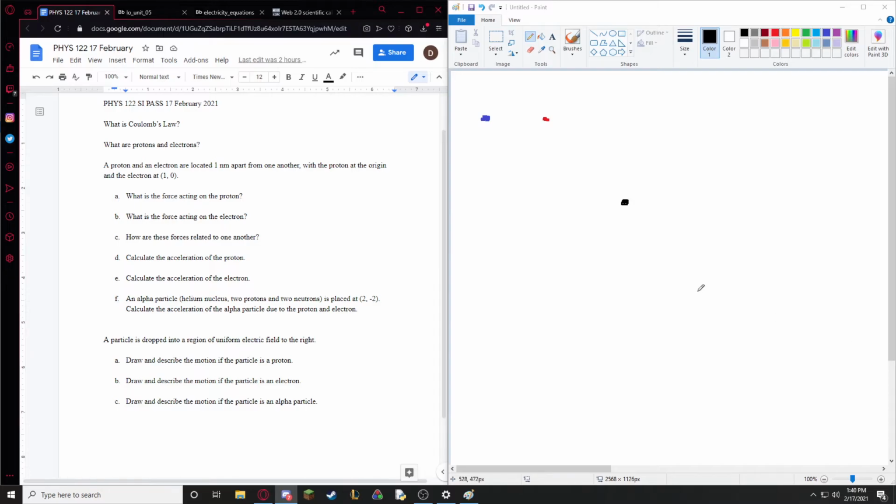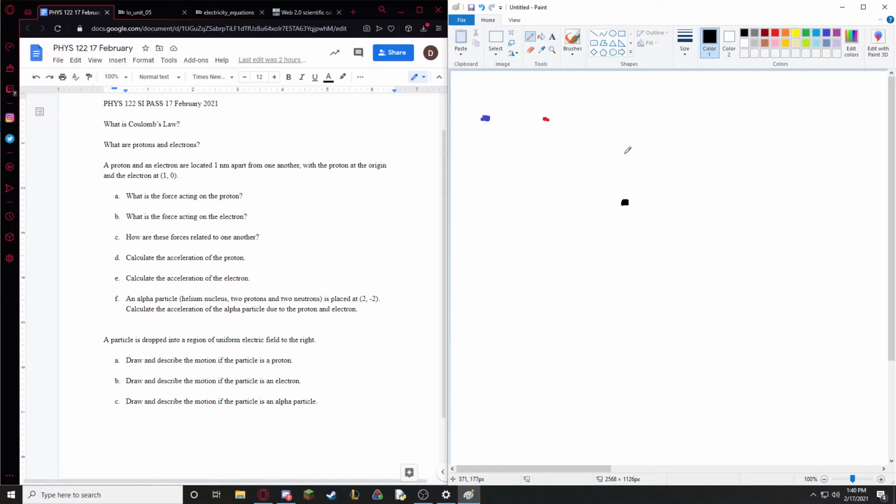So first thing, what's the easiest way to think about breaking down forces from multiple particles? I'd say the easiest way is to completely ignore one of the 2 particles first, and essentially calculate the forces from each particle individually and then add them together at the end.